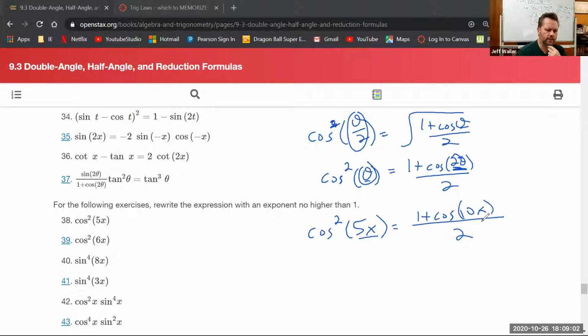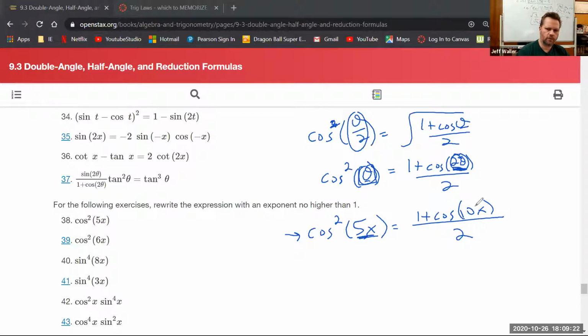I think these identities are formats to follow. So what this identity says is that cosine squared of some angle is 1 plus cosine of twice that angle divided by 2, whatever that angle is. So what's the angle in this problem? 5x.